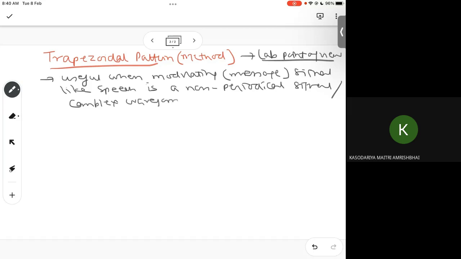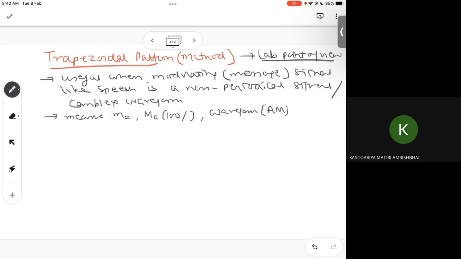How do we do this experiment? It is used for the measurement of various modulation characteristics like the modulation index, the percentage of modulation, and the AM waveform. All those things we can see in the oscilloscope.